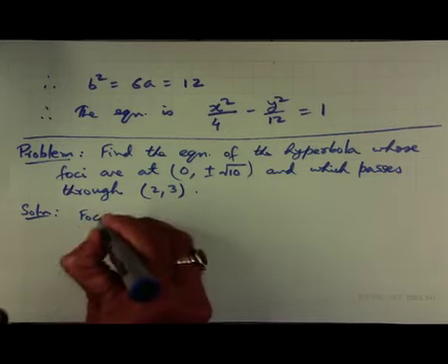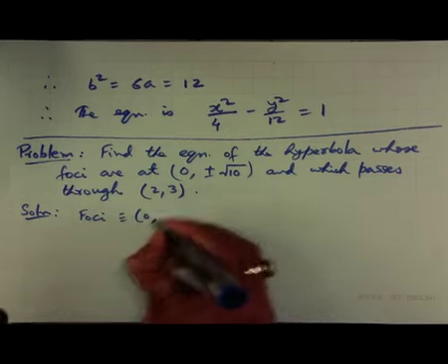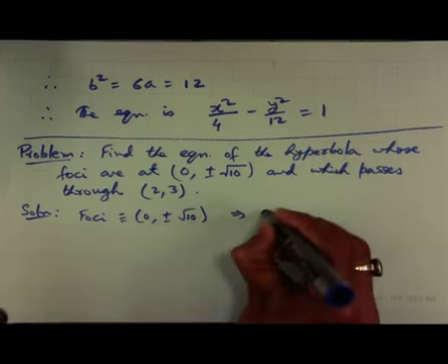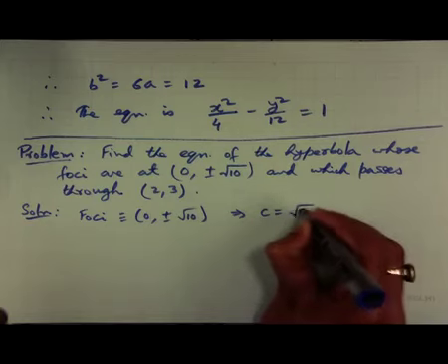So, foci is given to be 0, plus minus root 10. This implies c is equal to root 10.